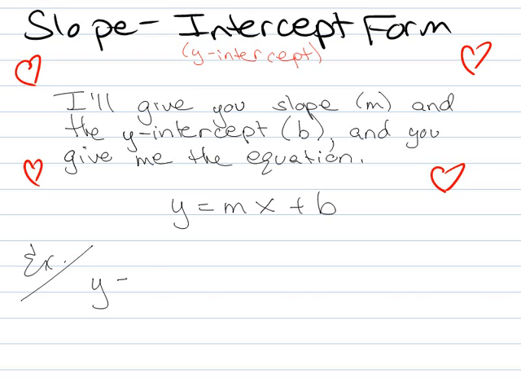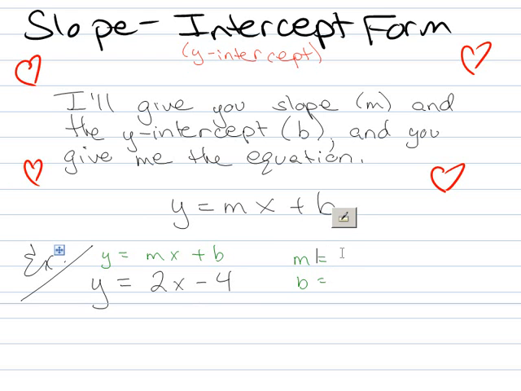So say I had y equals 2x minus 4. Let me write my general form up top and do some matching. What are the values for m and b going to be? Well, m is going to be 2, and b is going to be negative 4.